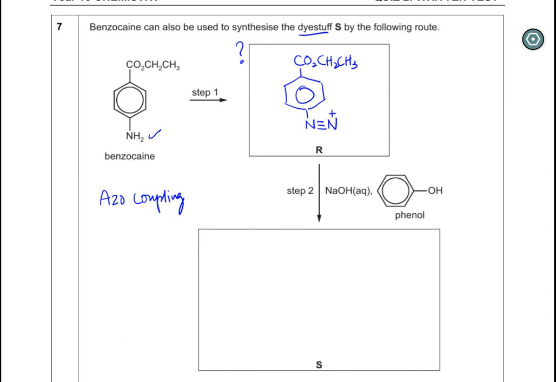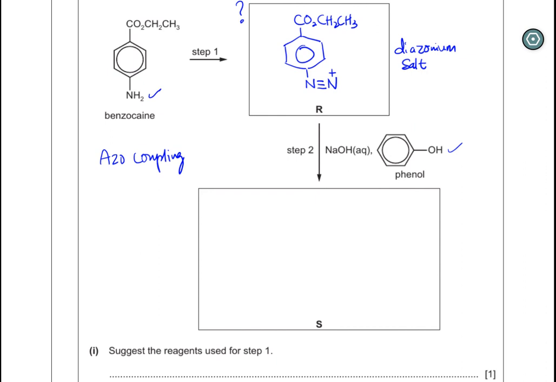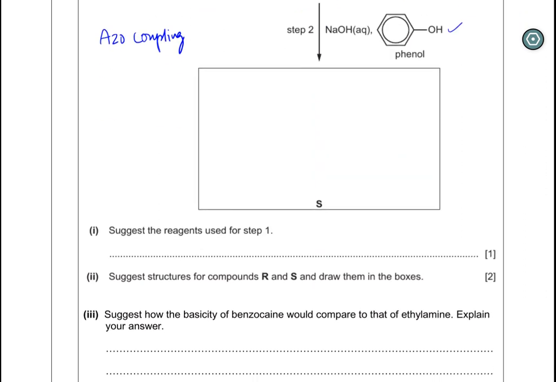And then after that, this form is called the diazonium salt, and it takes part in the next process, which is the azo coupling. Coupling means you can couple with this compound. So to answer this question, the reagent used for this step would be nitrous acid.